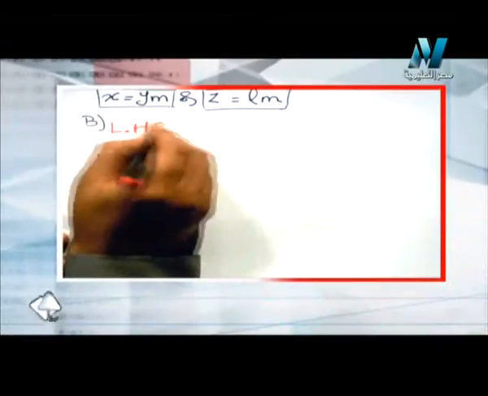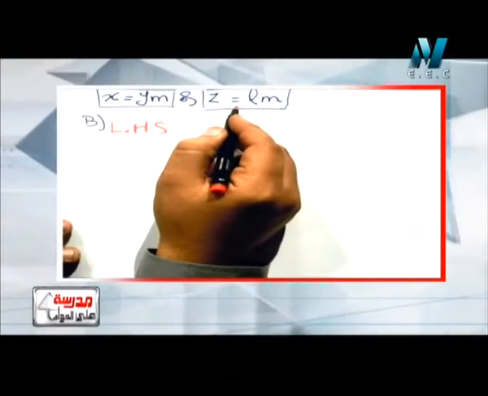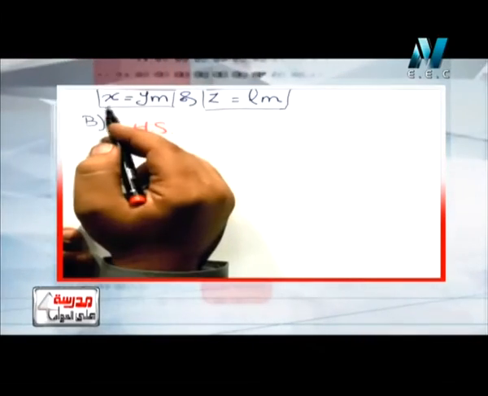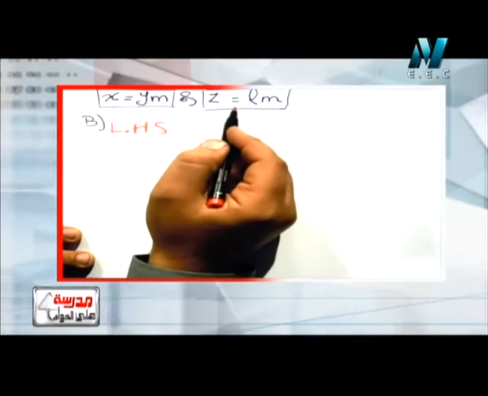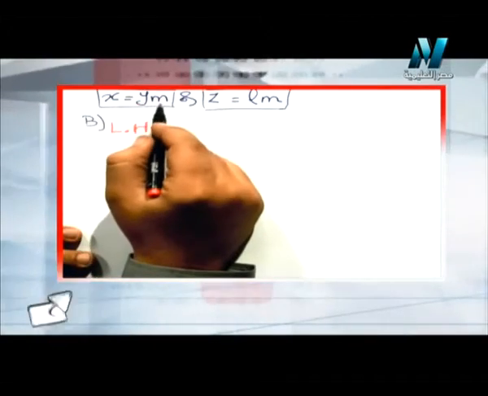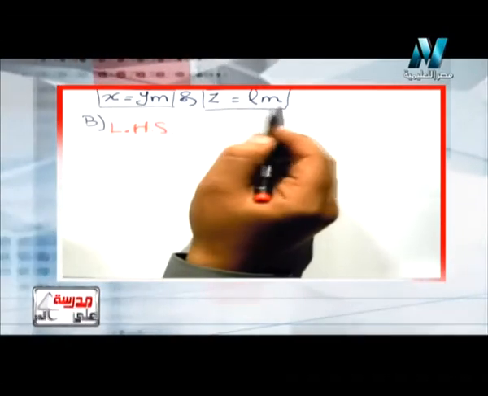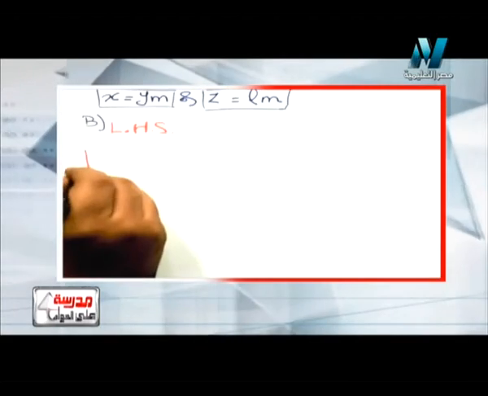So for the left-hand side, I'm going to work on the left-hand side. I have here the same two rules that I got from a very important line here, which is if x, y, z, and l are proportional, then we have x equals y times m, and z equals l times m. For the left-hand side, we have a cubic root.